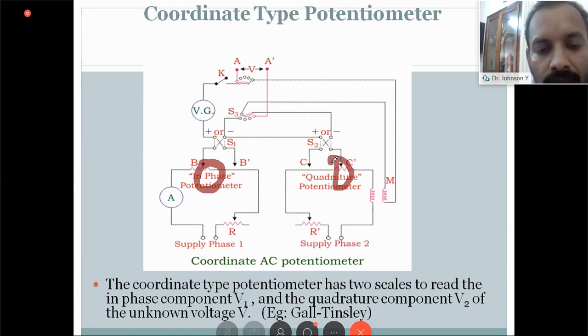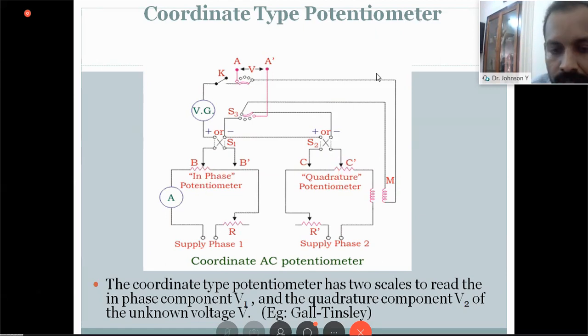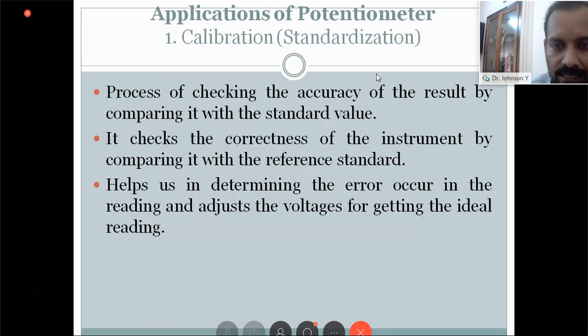The details about this potentiometer are very clearly readable in Shoney's book, which you can refer to. This is only an introduction. Next we go to the applications of potentiometer. Shall we have time to continue?